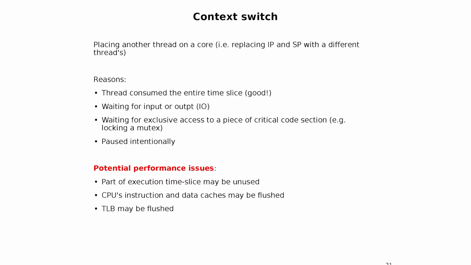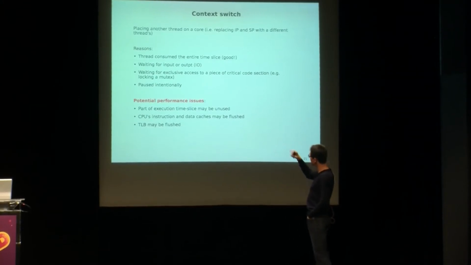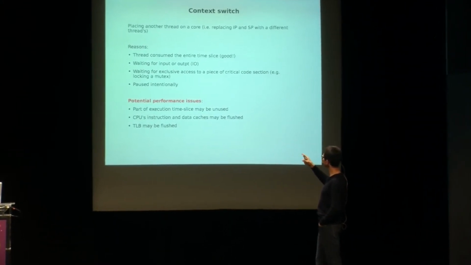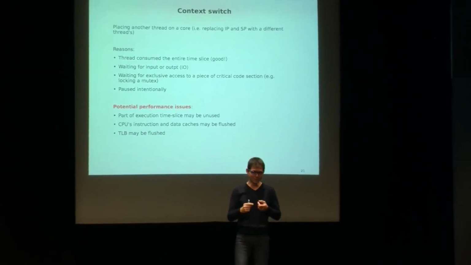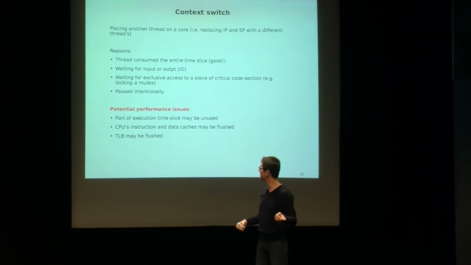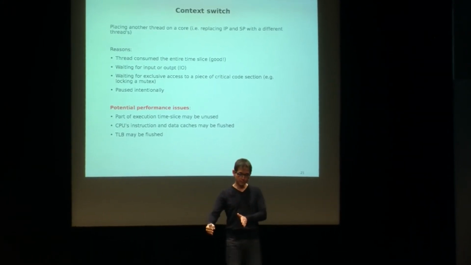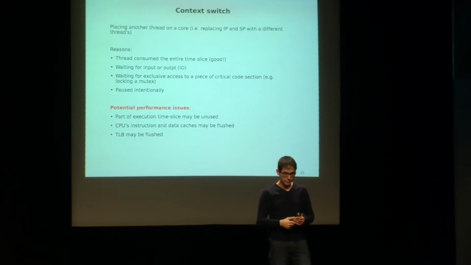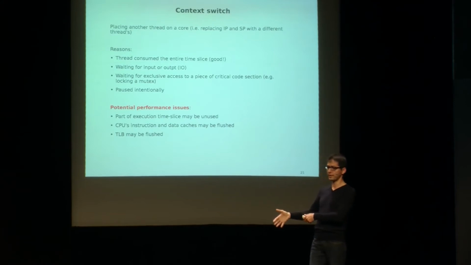If we hit the entire time slice, that's a good context switch because we used it all up. But if we're waiting for input or output, or something else, what happens is, first of all, you're not using part of your execution time, as I mentioned, but also, as soon as another thread comes into your place on that core, the instruction cache and the data cache are not for the new thread anymore.